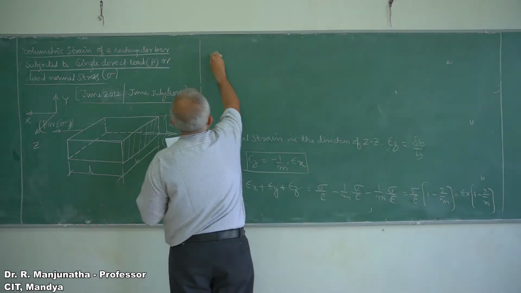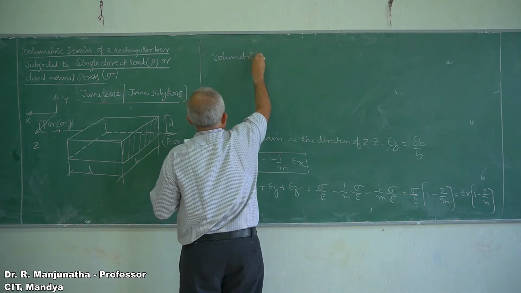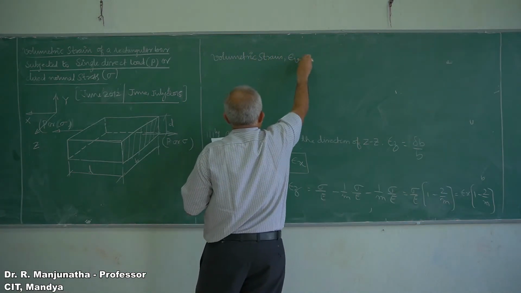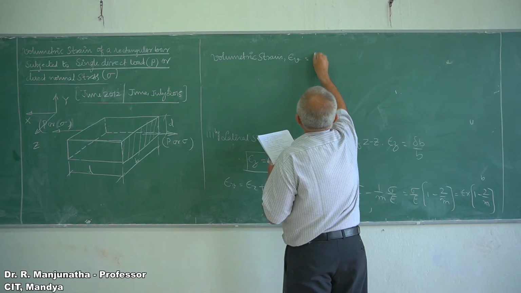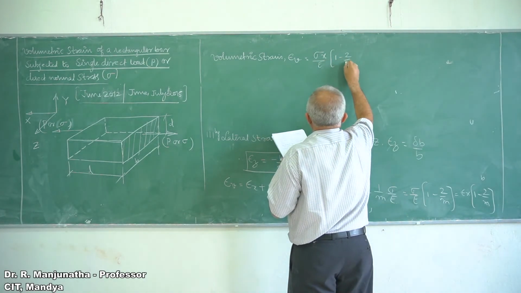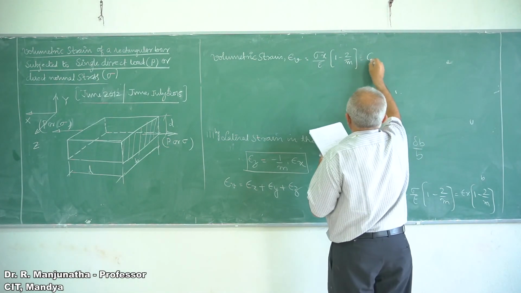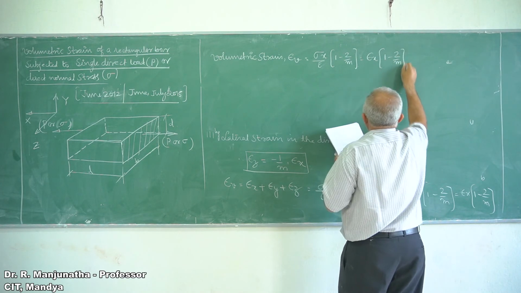Therefore, volumetric strain epsilon V is given by sigma x by E into 1 minus 2 by m. It can also be written as epsilon x into 1 minus 2 by m. What is epsilon x?